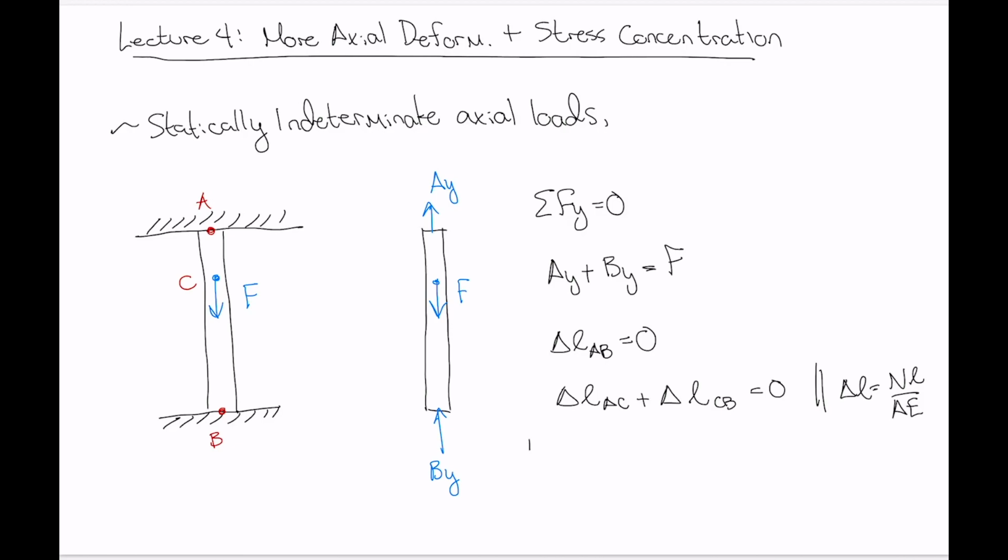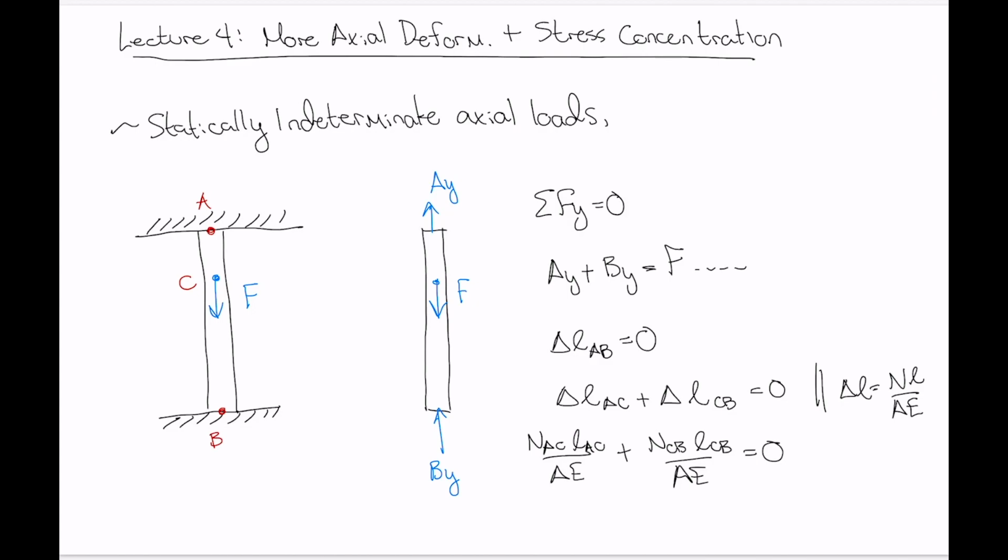So doing that, we get N_AC L_AC divided by AE, leaving out the subscripts if they're the same material, plus N_CB L_CB divided by AE equals 0.